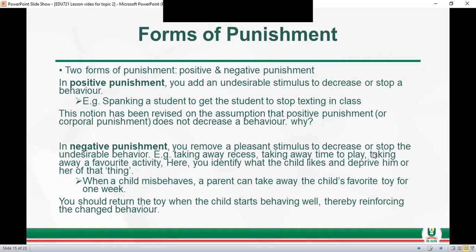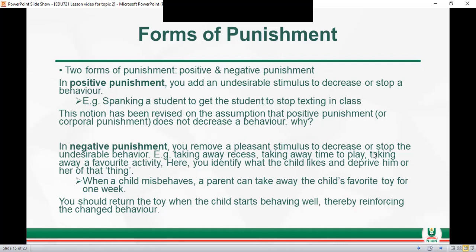For instance, again, which teachers can use in the class instead of beating, slapping, knocking on the head, which is positive punishment. Maybe a child does something bad in the class. During recess, you can keep the child in the class while others are out on break.